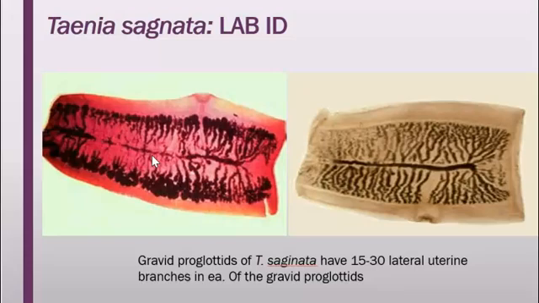When we look at the proglottid for T. solium, or pork tapeworm, they won't have near as many, and you'll be able to see a huge difference between T. saginata, our beef tapeworm, and T. solium here in just a minute. This is a gravid proglottid, or one section of the beef tapeworm.